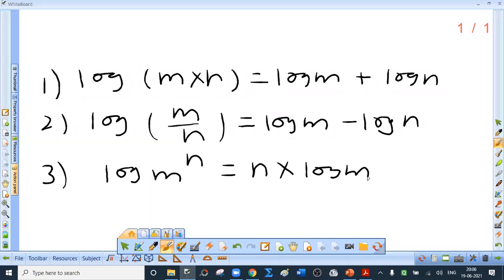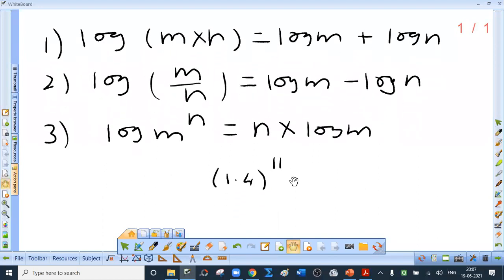See, if I ask you to find, say 1.4 raised to 11, using logarithm this can be obtained easily. How? Log of 1.4 raised to 11 is 11 log 1.4. Now we have seen how to find the logarithm of 1.4, right? So this is how the theorem helps us in simplification.